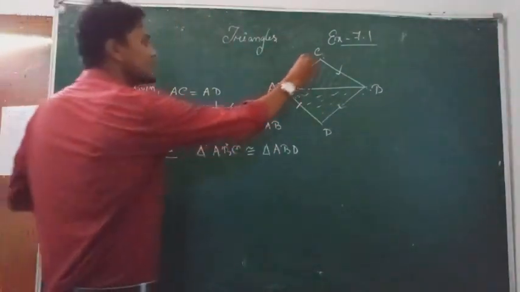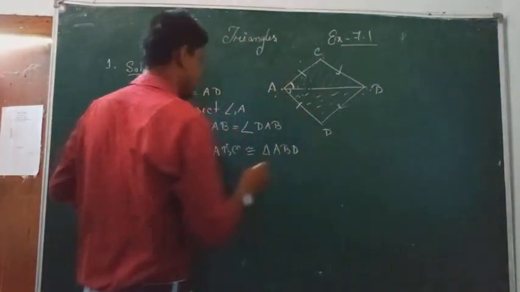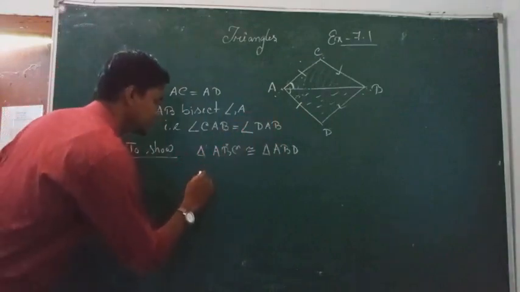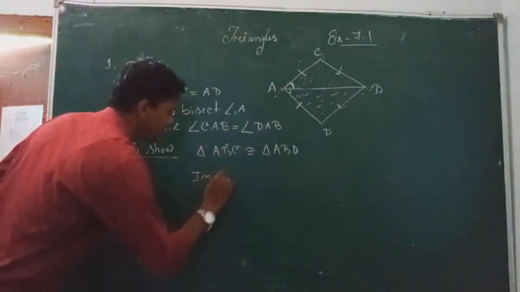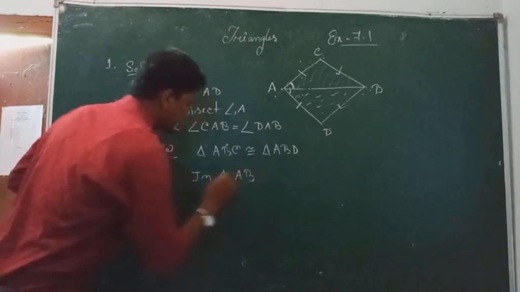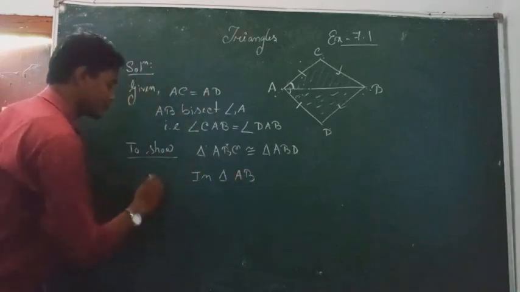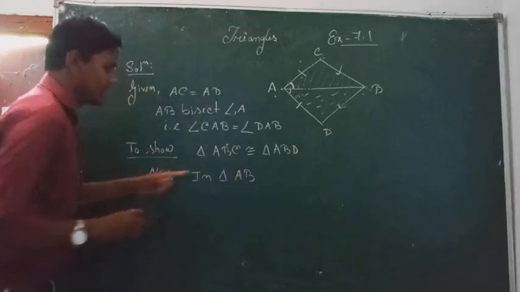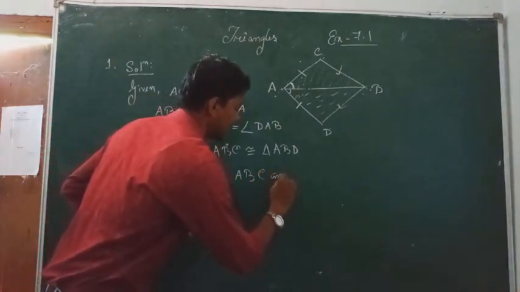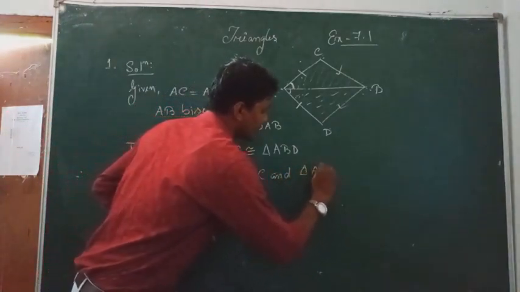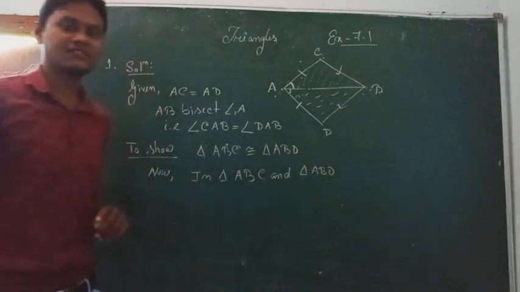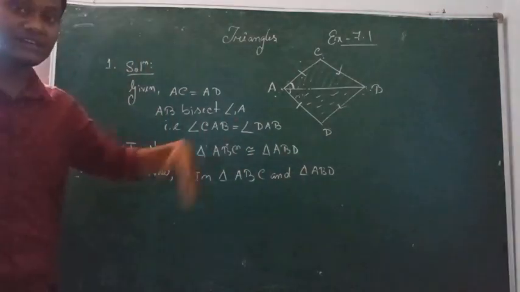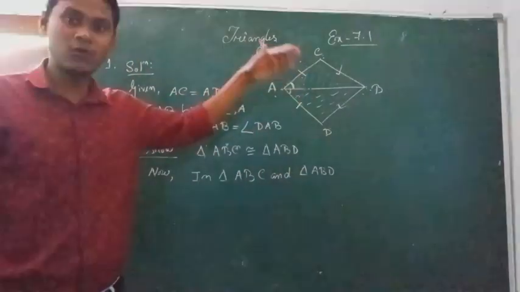So in triangle ABC and triangle ABD, this is the procedure for showing it. Take these two triangles and write what the equal parts are.